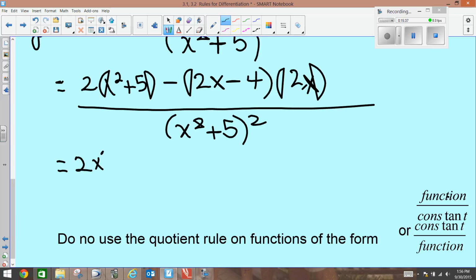2x squared plus 10 minus, oh my gosh, I can't read that, 2x minus 4. And that's 2x.